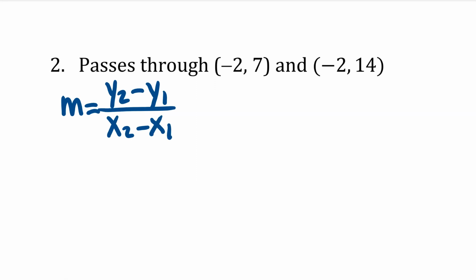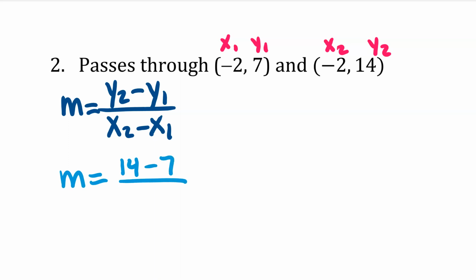So this one is x1, y1, and this one is x2, y2. If I plug into my slope formula, I have y2, which is 14, minus y1, which is 7, all over x2, which is -2, minus x1, which is -2. Make sure you take your negative with you.